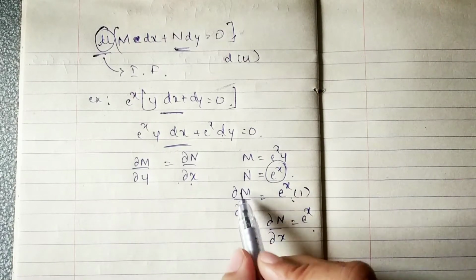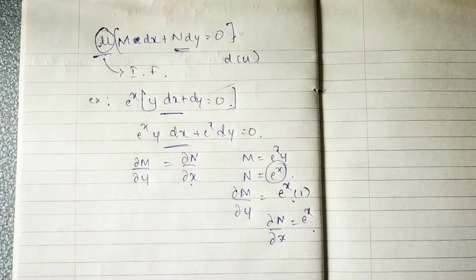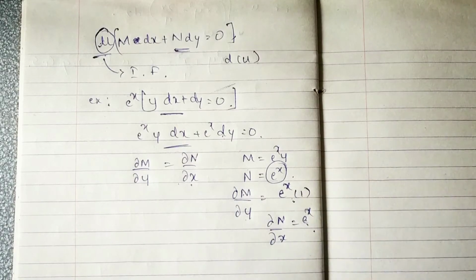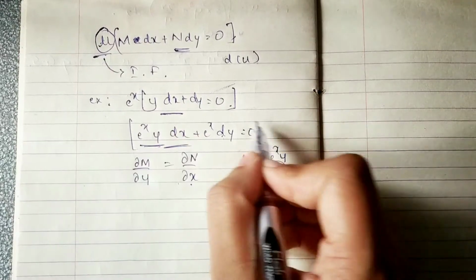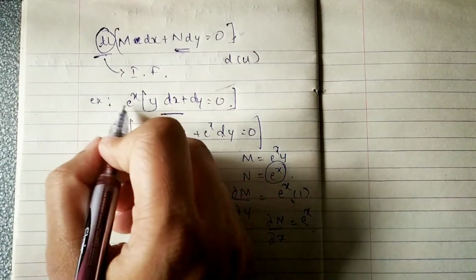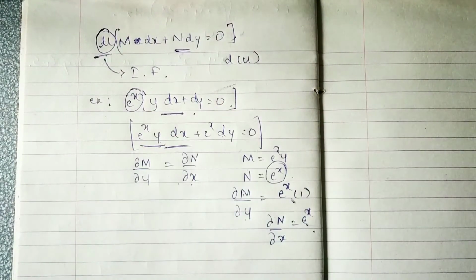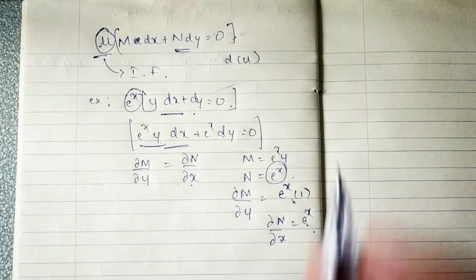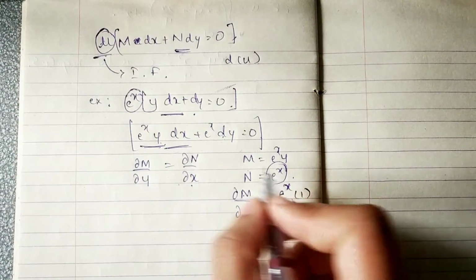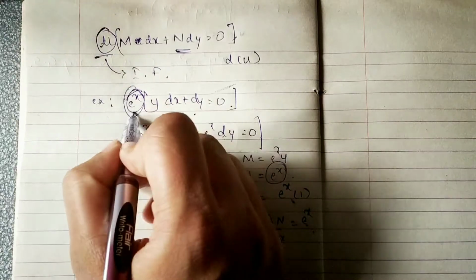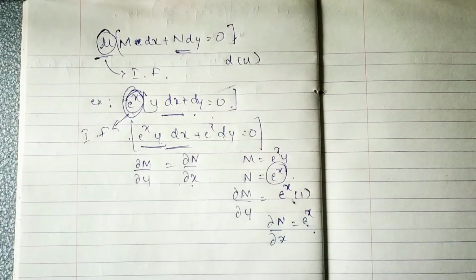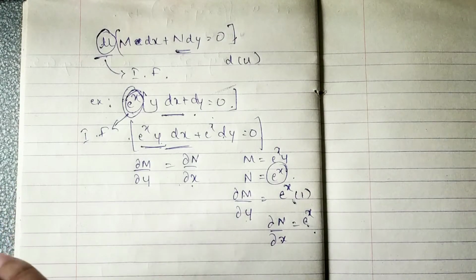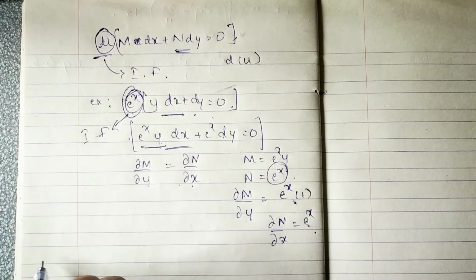Now you can see dou M by dou y is equal to dou N by dou x, which is equal to e raised to x. This implies the equation, which we have multiplied by e raised to x, becomes exact. So in this case, e raised to x, which we have multiplied, is the integrating factor. Am I clear? Okay.